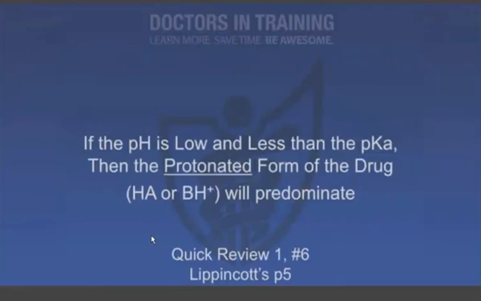Number 6, which form of a weak base will predominate when it is in an acidic environment such as a stomach, and in which the pH is less than the drug's acid dissociation constant, also known as a pKa. So if the pH is low, so acidic environment, lots of hydrogen ions, but more importantly, if the pH is less than the pKa for the substance, then the protonated form is going to predominate.